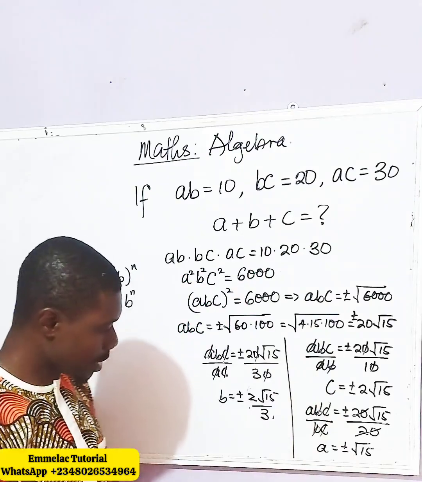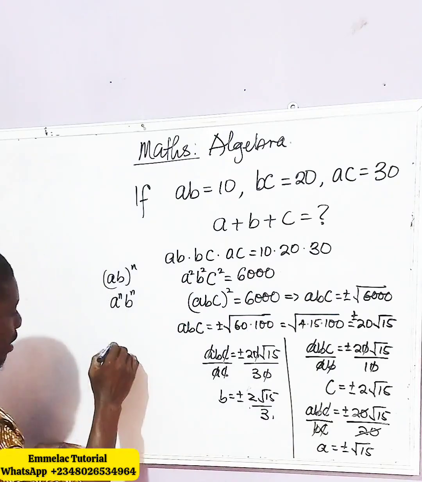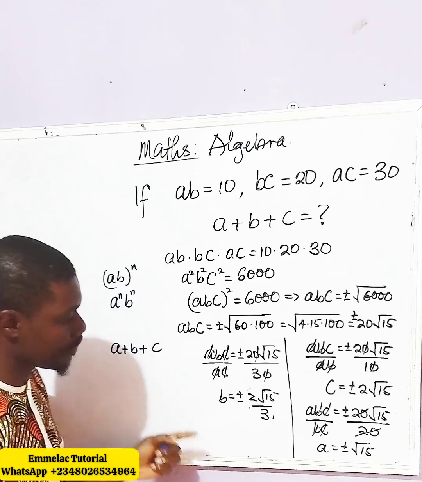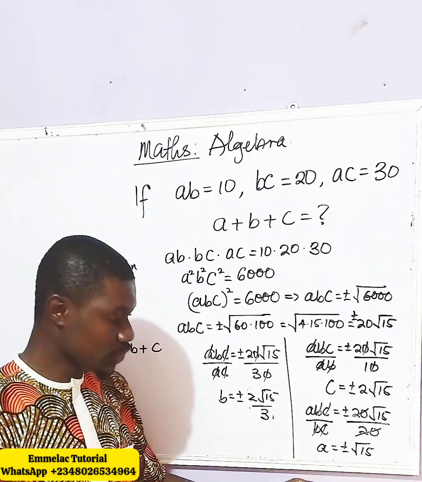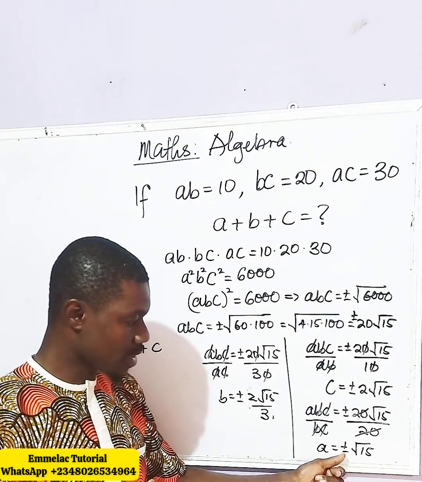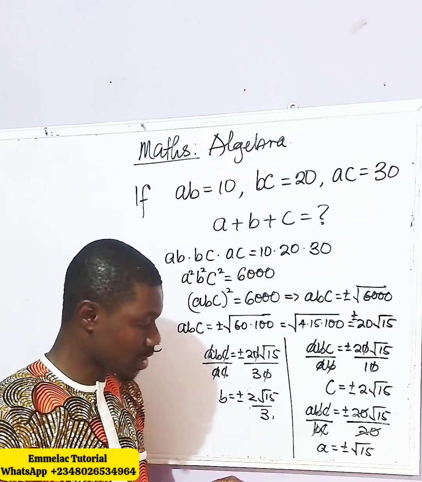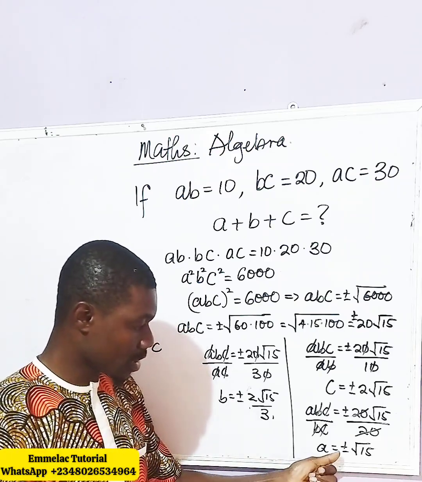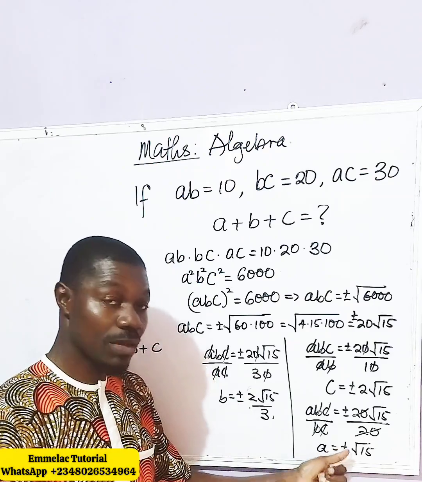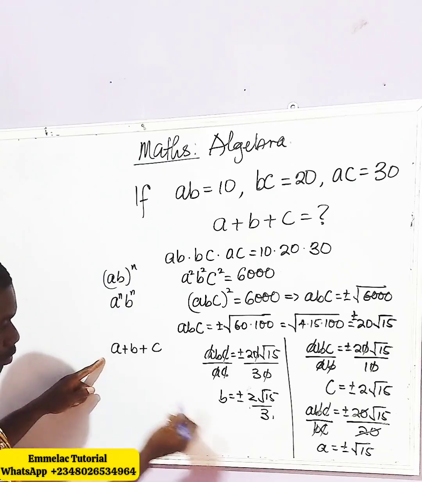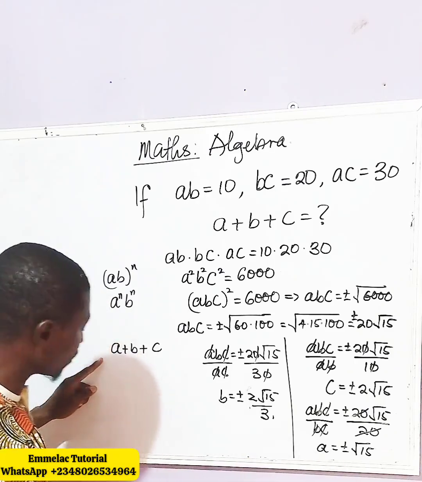Okay, so at this point now, we'll be adding all for us to find the value of A plus B plus C, what we're looking for. Now ABC has two separate solutions, the plus and minus, so we'll be doing it separately. The first one will be making use of the positive sign.